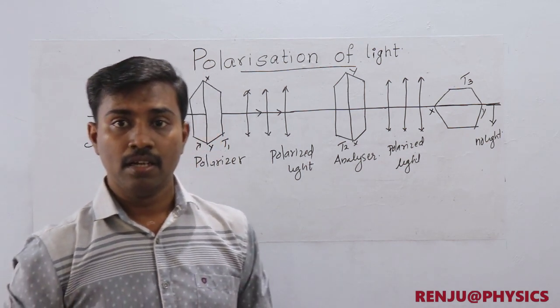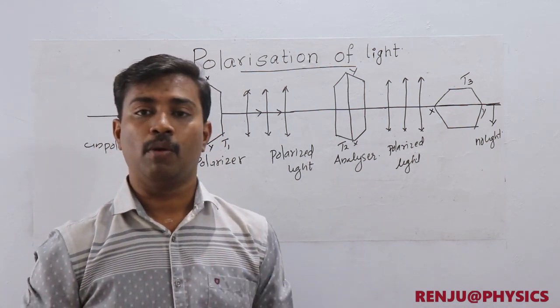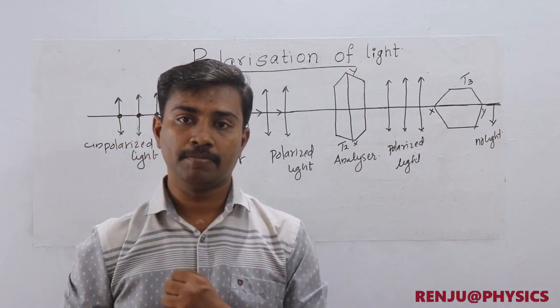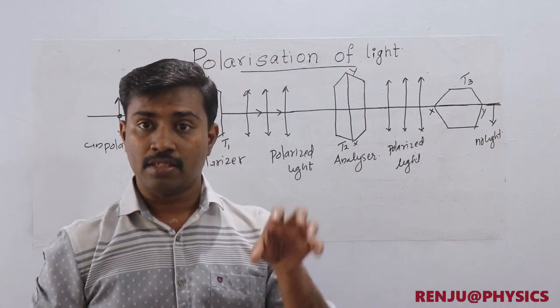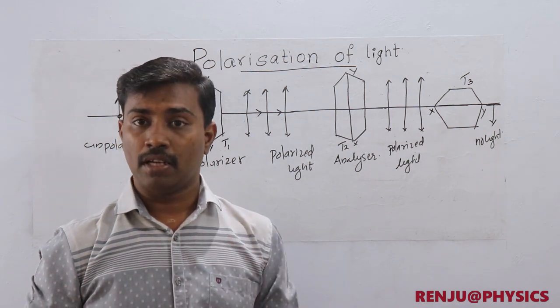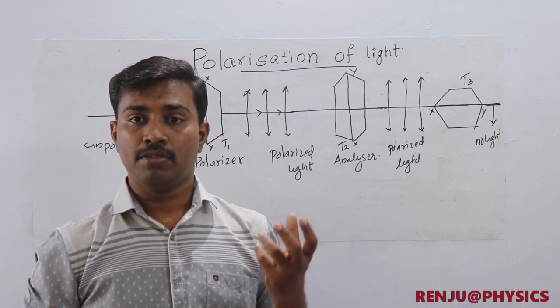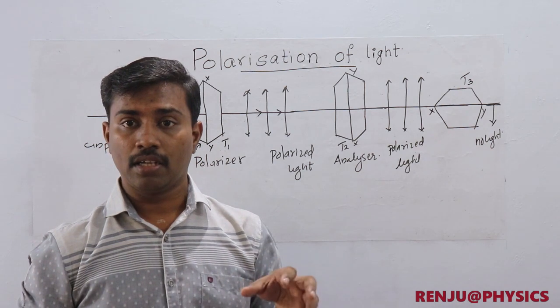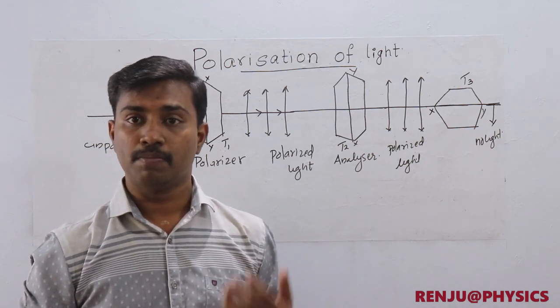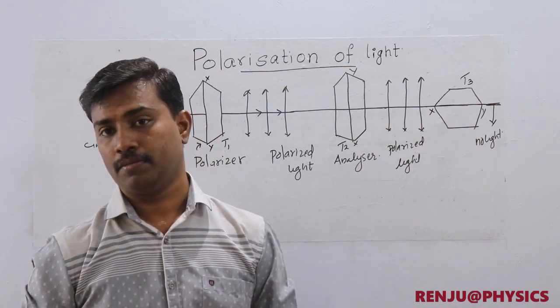So a polarizer is a crystal which produces polarized light from unpolarized light. But an analyzer is a tourmaline or calcite crystal used to check whether the light coming from the polarizer is polarized or not.